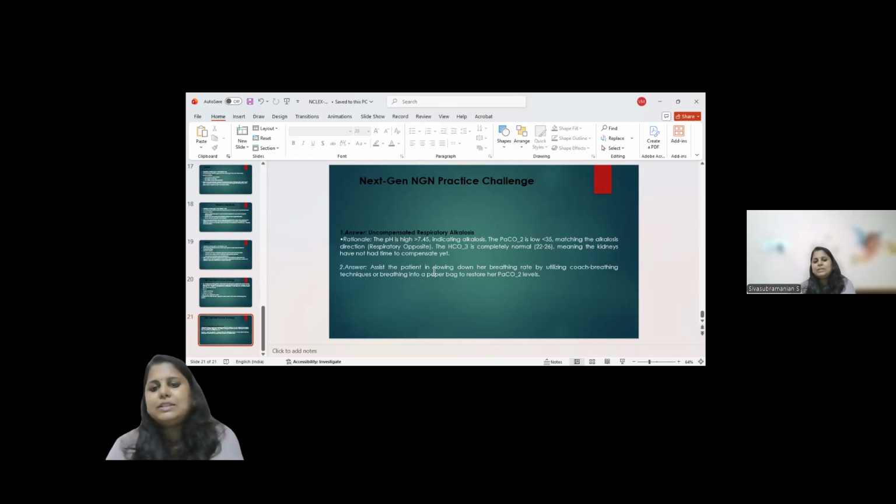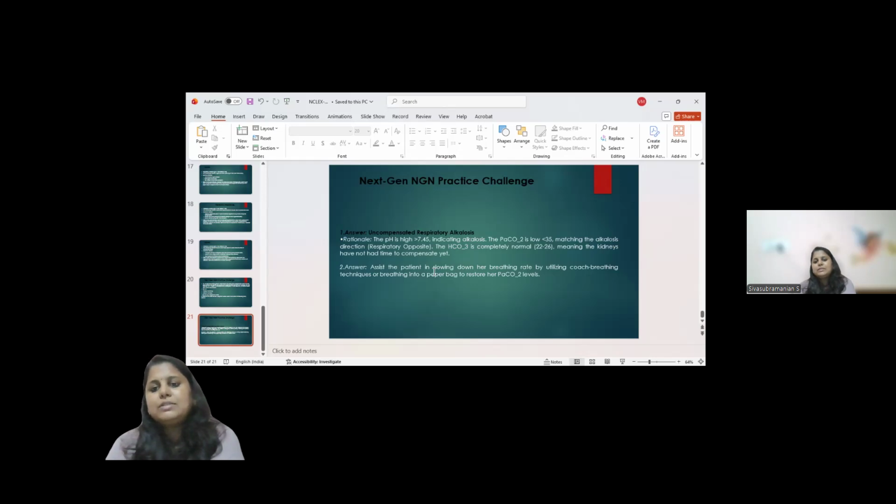We match the alkalosis direction. Then the bicarbonate is completely normal, meaning the kidneys have not had the time to compensate. So it is uncompensated because they are not ready to compensate.